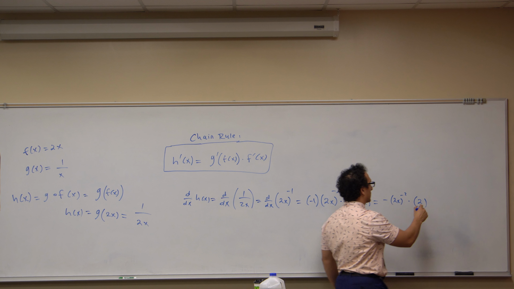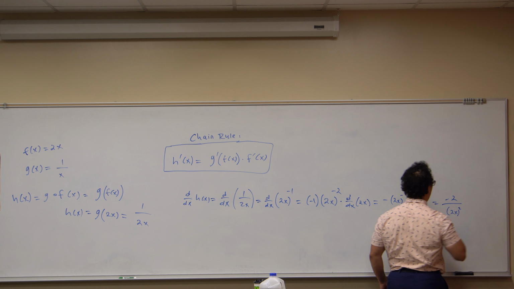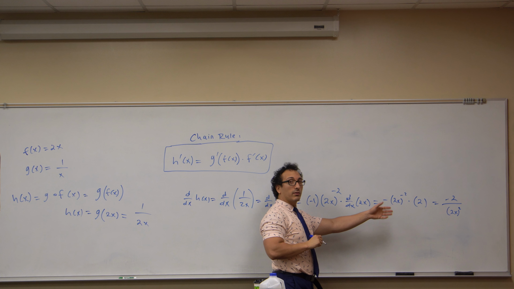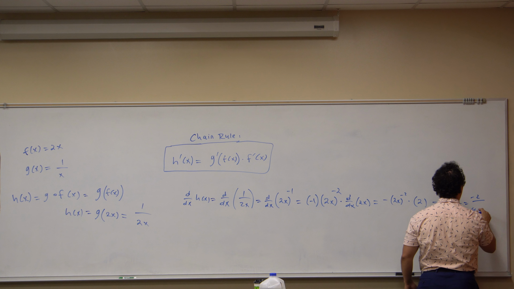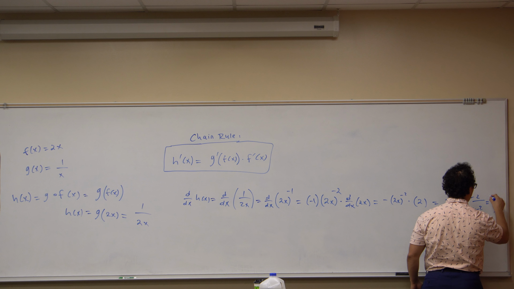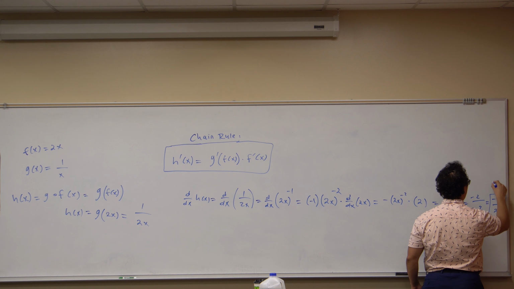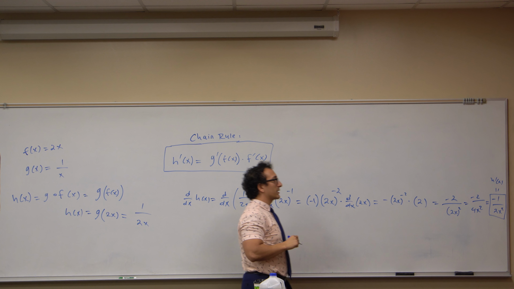So we end up getting negative 2 all over 2x raised to the second power in the denominator now. Whenever I square that, I get negative 2 all over 4x squared, and that cancels out to be negative 1 over 2x squared. This is what our h prime of x is right here. Negative 1 over 2x squared.